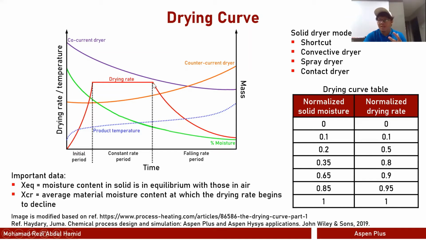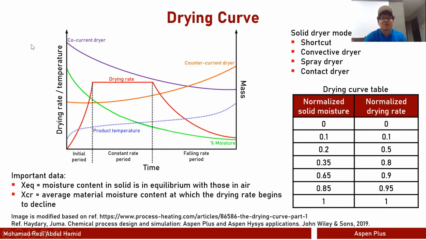meaning that here, the liquid at the interior side of your solid needs to migrate first to the surface, and then it will undergo phase change from a liquid phase on the solid surface into a gas phase or vapor phase.